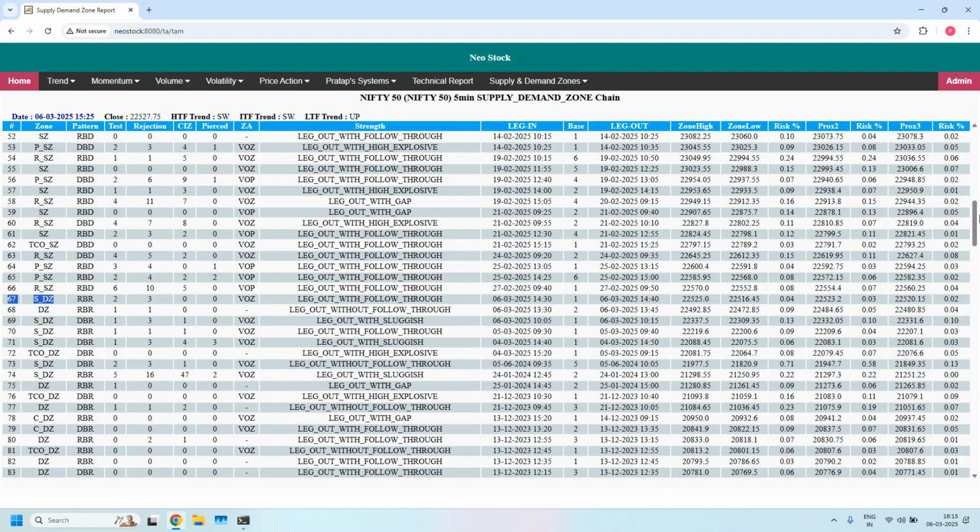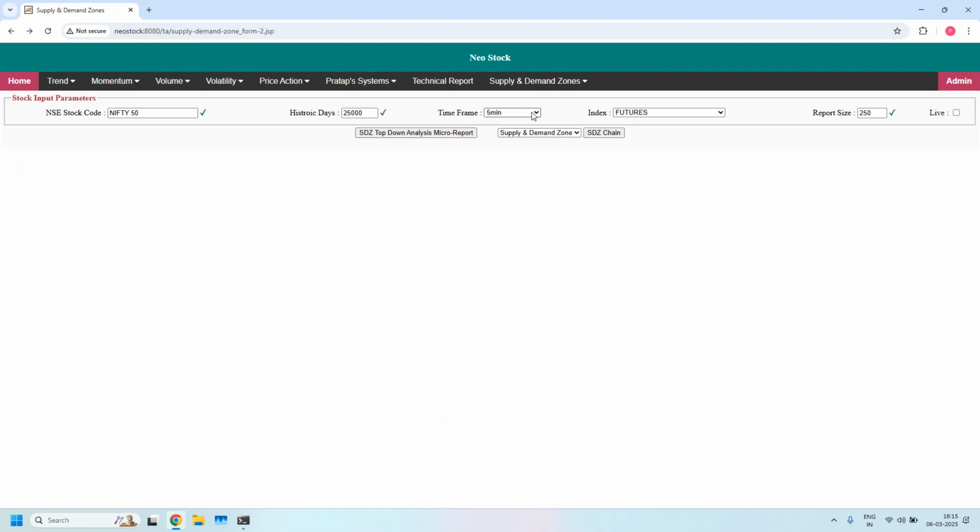Next we will look into BANKNIFTY supply demand zone chain. So Nifty Bank is nothing but BANKNIFTY. Let's start with monthly time frame. So monthly supply demand zone chain for BANKNIFTY.